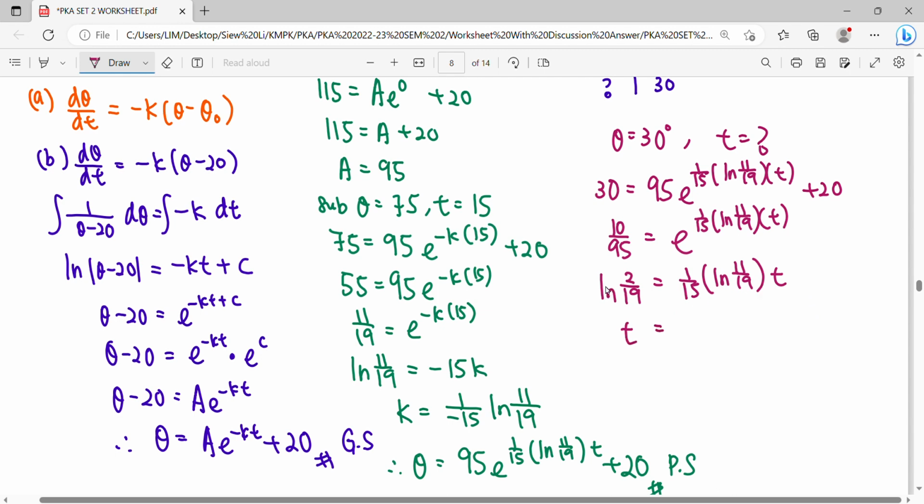So t equals ln of 2 over 19 divided by the whole coefficient of t. That gives 61.79 minutes.